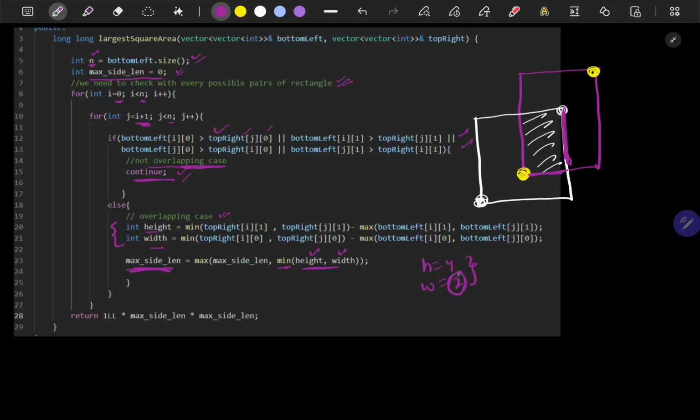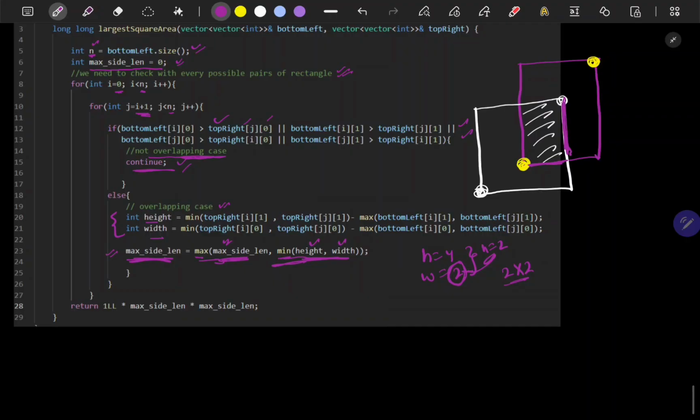We can only take the same height of 2, such that we can make a square of 2 cross 2. That's why we take the minimum of these two, and every time we compare with the maximum length and collect the maximum side we can get for a square, and later we will return the area, max side length into max side length.